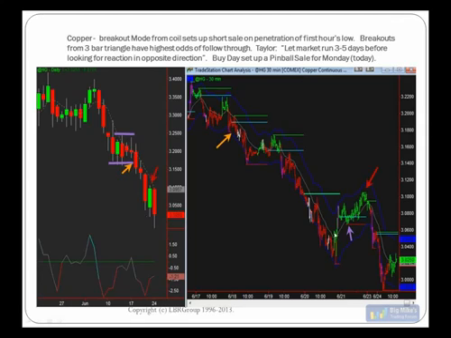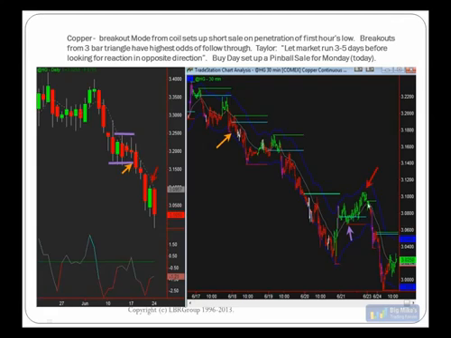Sometimes they do it with the old pit session close. But anyway, here's where we closed, and definitely there would have been no reason to carry a long home overnight with this setup. In fact, like I told you, our systems would actually short on the reopening of that evening session.